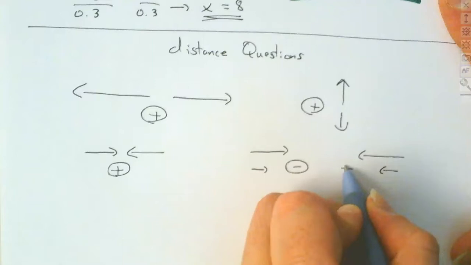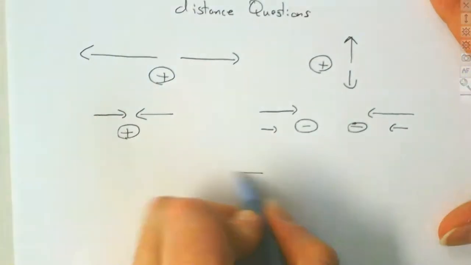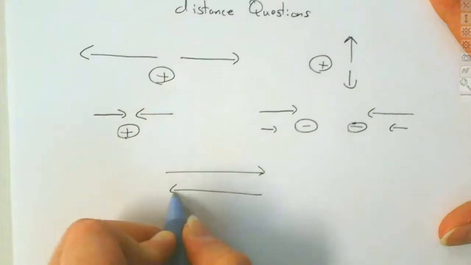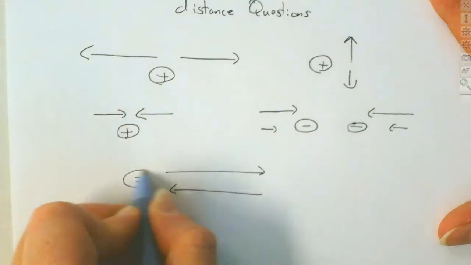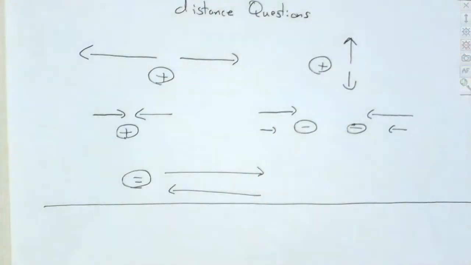This would be subtraction. And also they can equal. How do they equal? When you go to work and you come back home. Those are going to equal. So when we talk about the distance questions, those are the three outcomes. Add, subtract, or equal. It's one of these three. Normally it will be add, but not always. Because in many cases it's going to either be a subtraction one or an equals one.